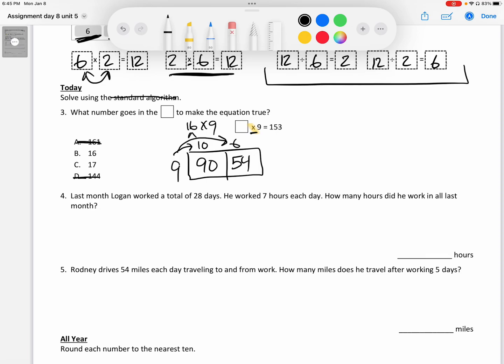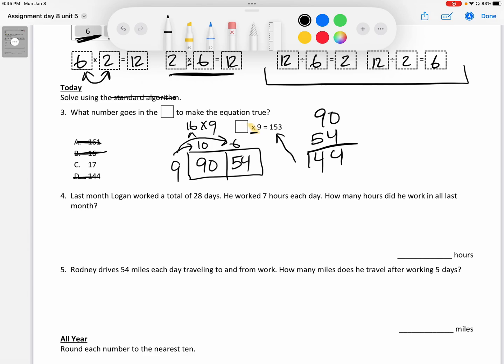When I add those together, we can stack them if we want to in the standard algorithm. 4, 9, 14. 144 is my answer. Well, I needed 153 to be my answer, so this can't be correct.